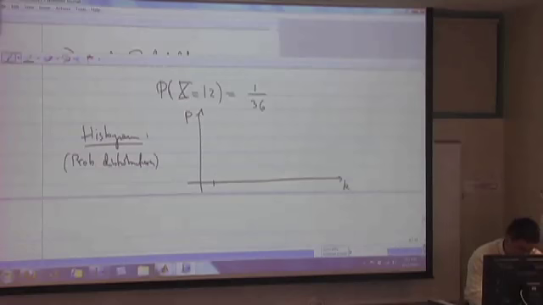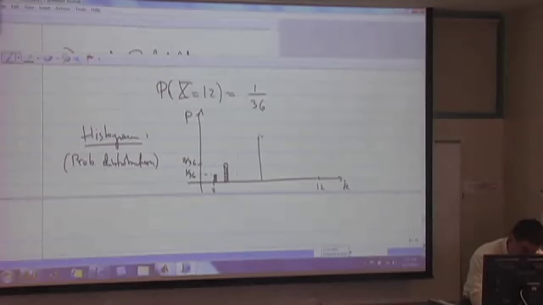Either way you want to look at it, it basically says the values between 2 and 12 are the possible values, with what probability? Well, this is probability 1 over 36. The next one is 2 over 36, and so forth.